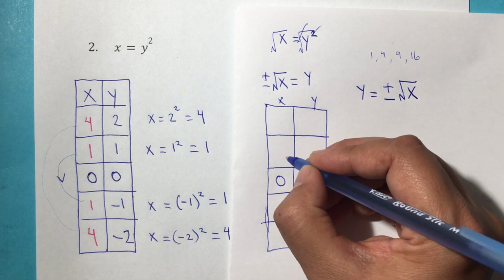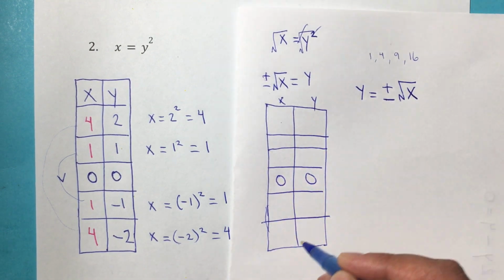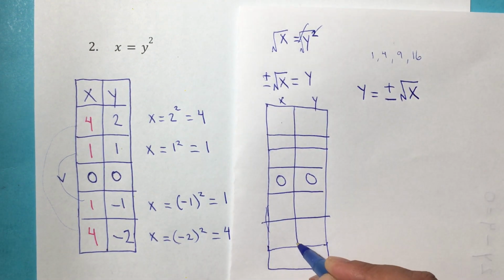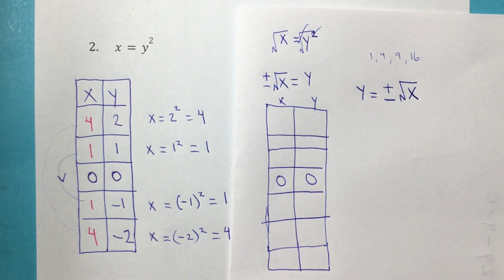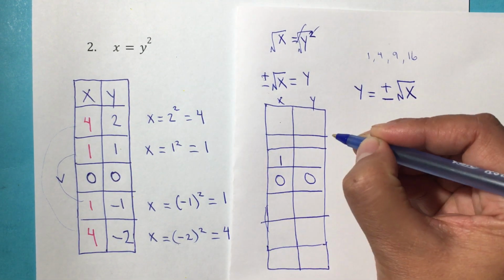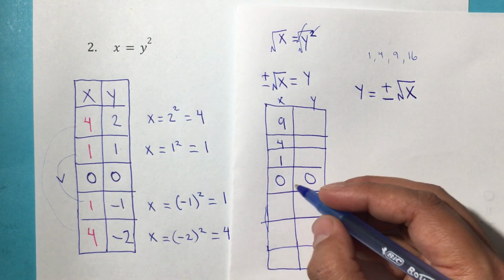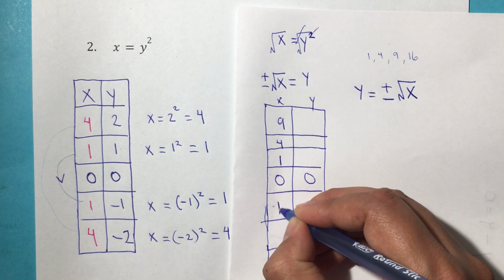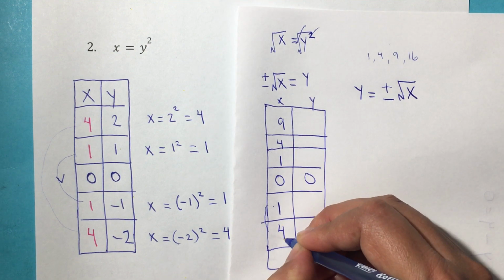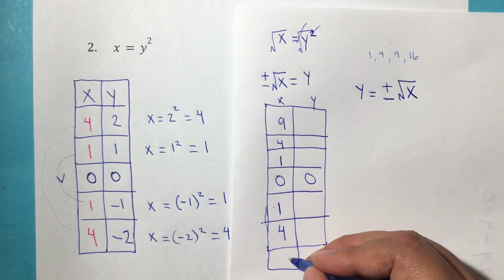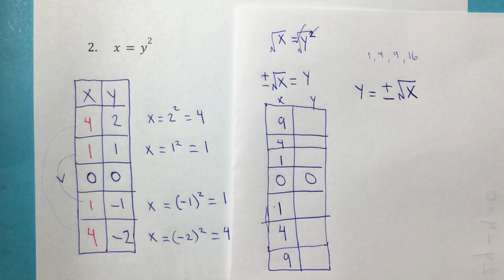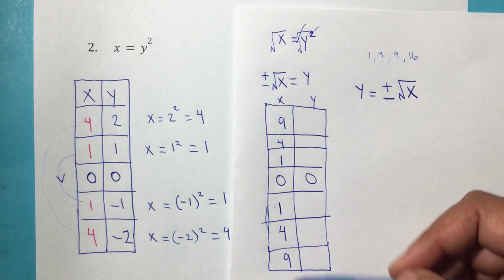I think I want to just put 1 more in both directions. Sorry that it's a little squished in there, but I'm going to put 1 in here, 4, 9, and then on the other side, I'm going to put 1 as well, 4, and also 9. And you will see why I decided to put those right now.